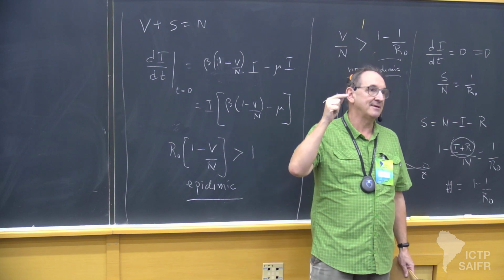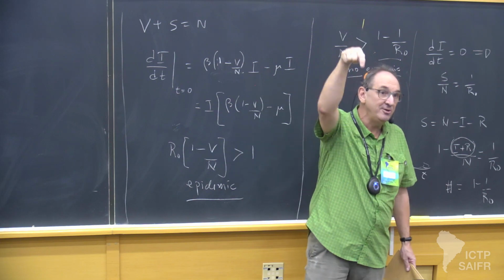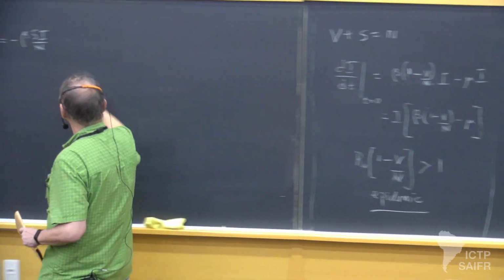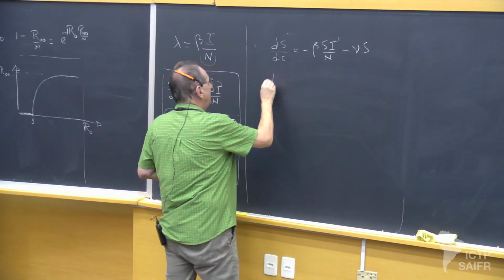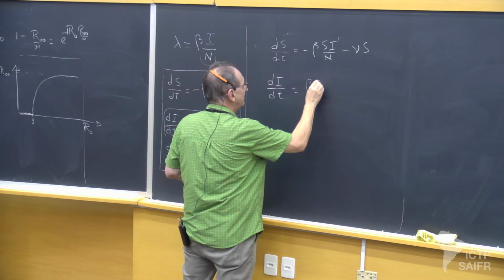We are not studying virulence. Virulence is the fatalities which are induced by the disease. So S has a death rate, which will be some nu times S, and I will have essentially the same thing.